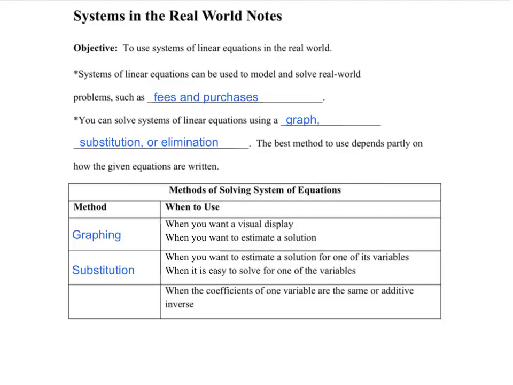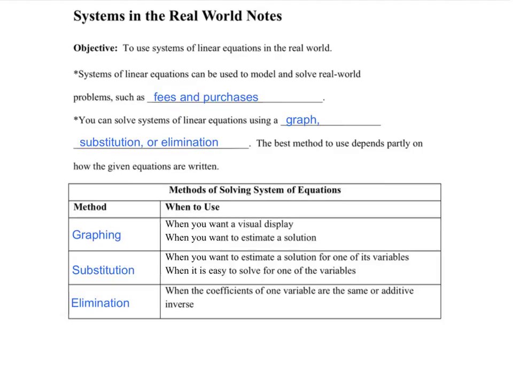When the coefficients of one variable are the same or the additive inverse, we're going to use elimination.